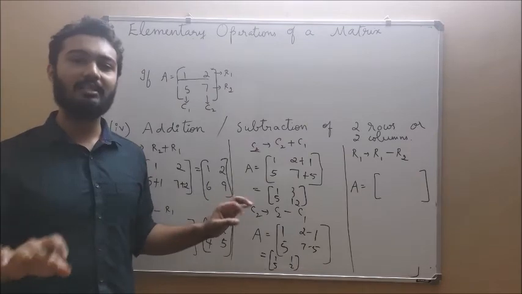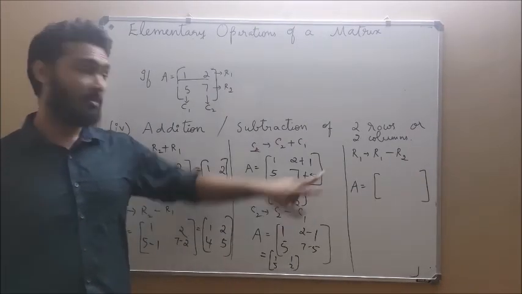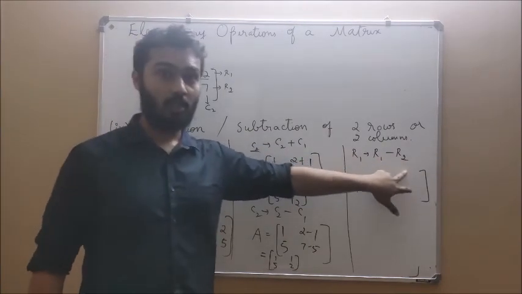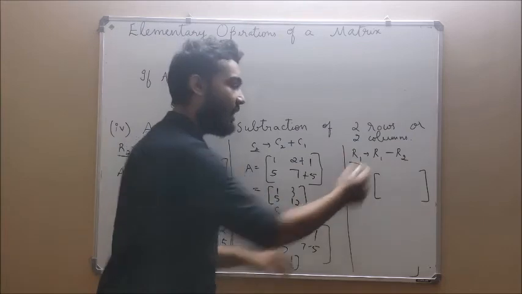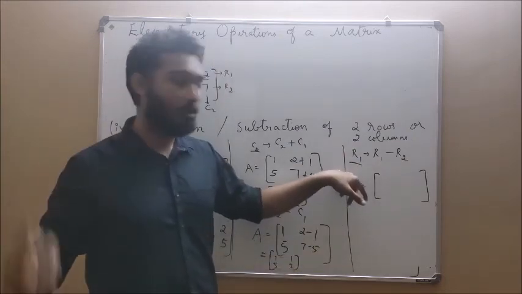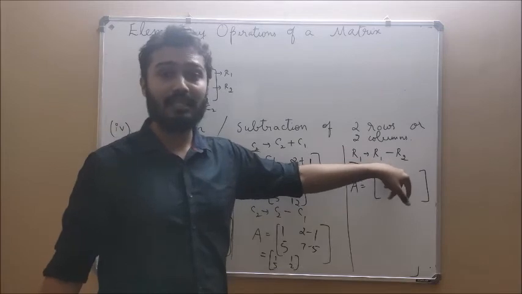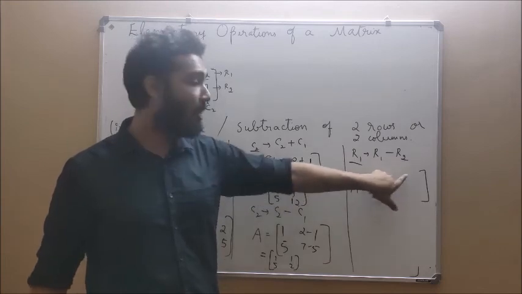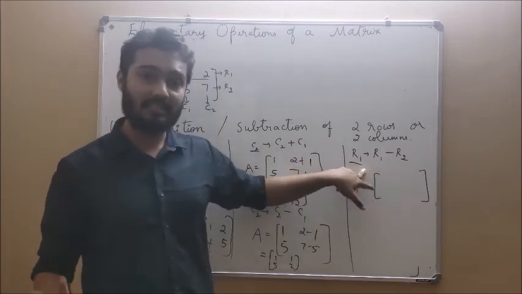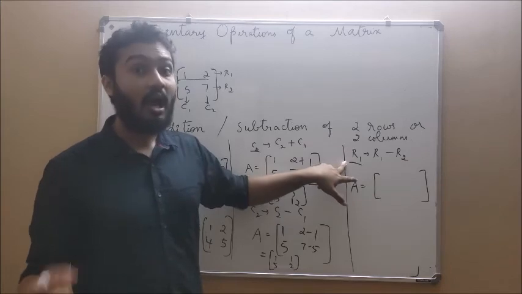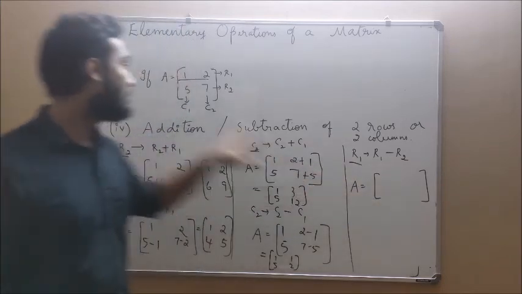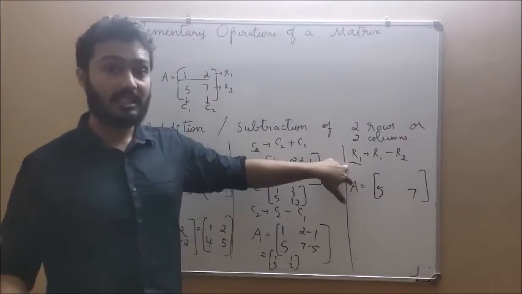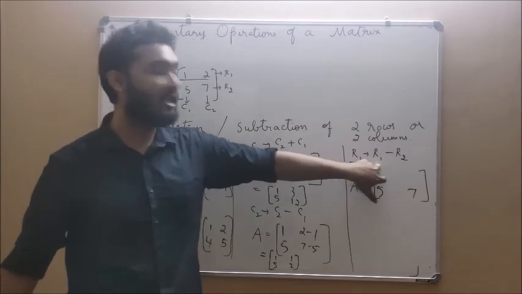Finally, to cement the idea, we will do one more. R1 changes to R1 minus R2. Here I am changing R1, and R1 minus R2 means I am subtracting R2 from R1. So what remains as it is? R2 remains as it is, so write R2 here. Next, R1 is changing. I am subtracting R1 minus R2.